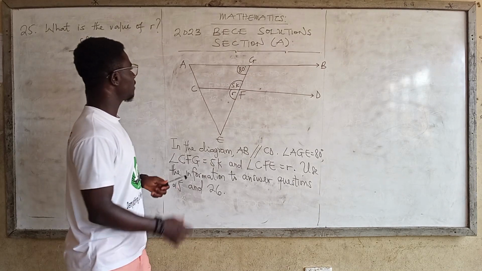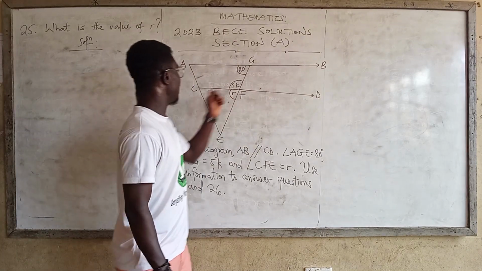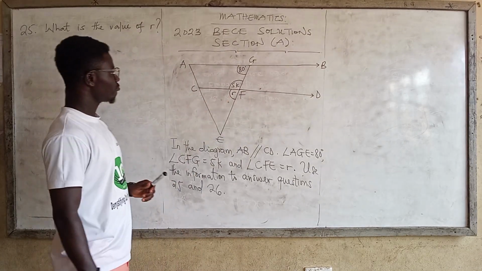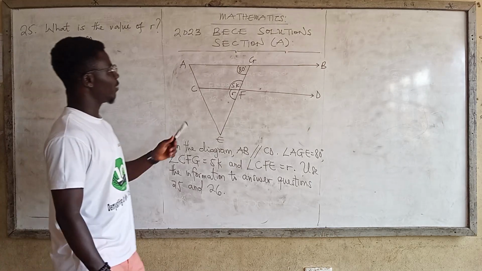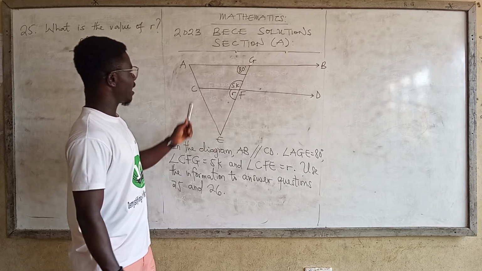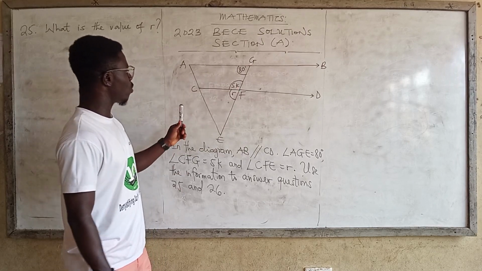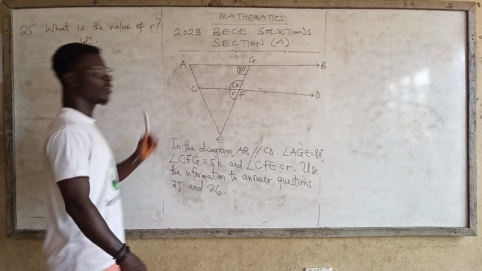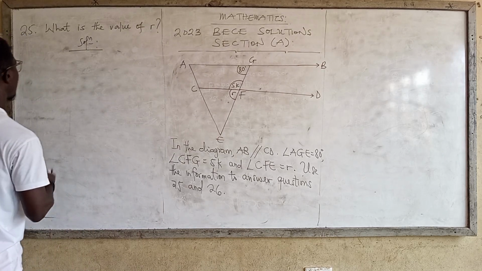So now, since AB and CD are parallel lines, then you can conclude that angle AGF is equal to angle CFE. That's corresponding angles.